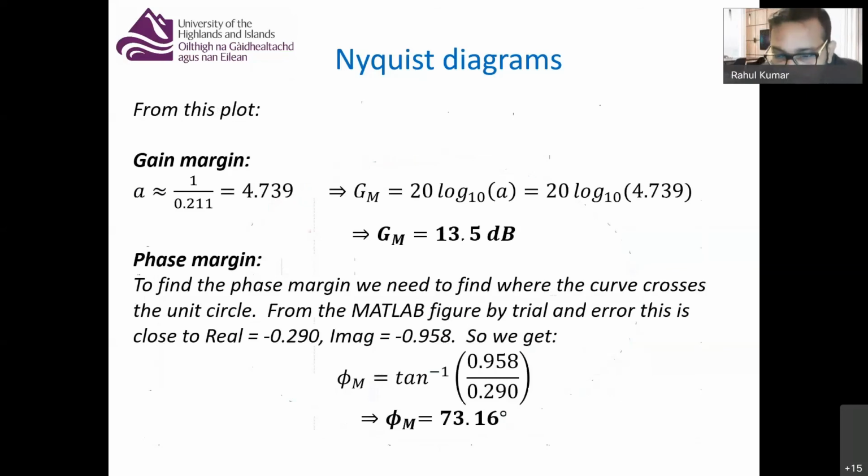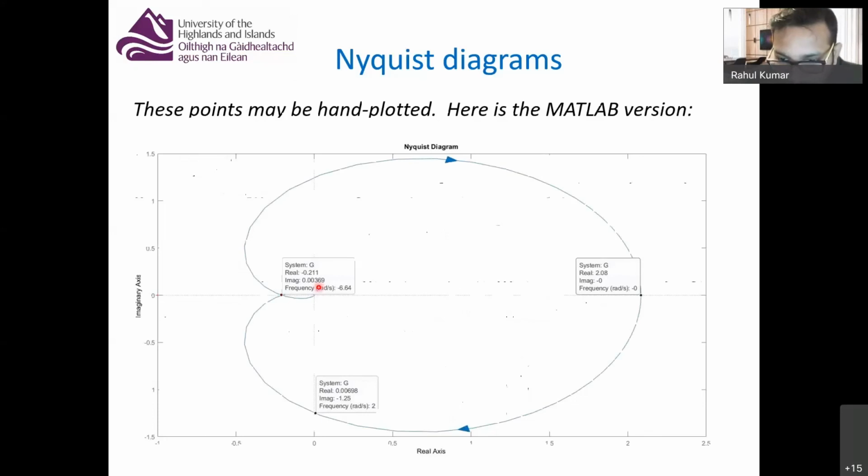Now to find the gain margin, we have to first of all calculate minus 1 divided by A. If you look back at the Nyquist diagram, it is cutting the real axis first time at this point, right? And the magnitude is 0.211, this value.